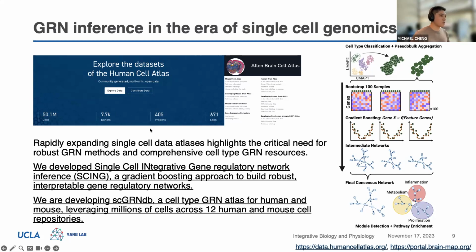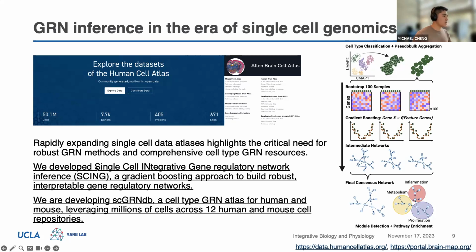And again, these numbers are only growing. And the resolution and throughput of these single cell profiles are also getting better. It does highlight a critical need for robust GRN methods, right, to handle the experimental constraints of single cell RNA sequencing, but also comprehensive GRN resources for people to incorporate into their own single cell studies.